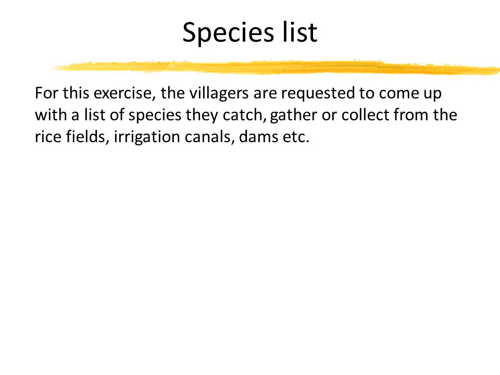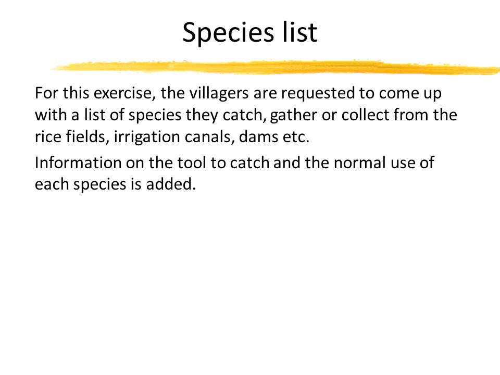Remember that each group needs one researcher to moderate, but not to lead the process. So you need to be enough people to do this properly. Information and the tools used to catch, trap, or hunt the species is added for each of the species.